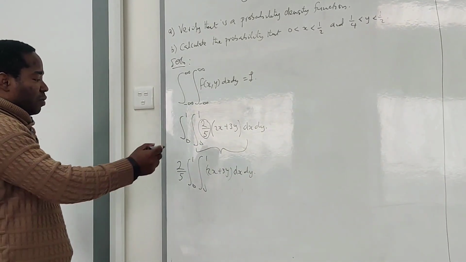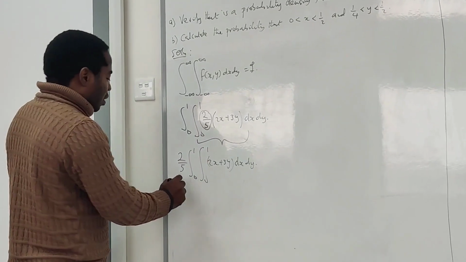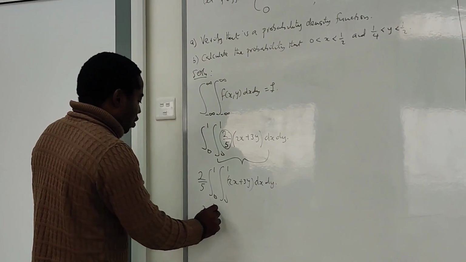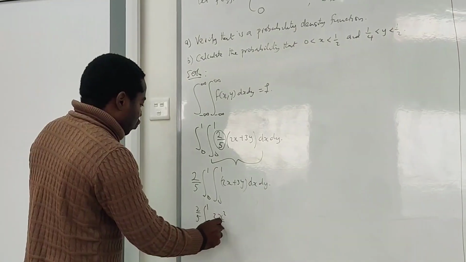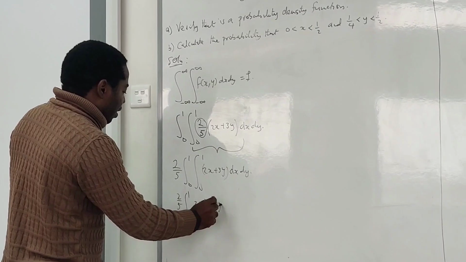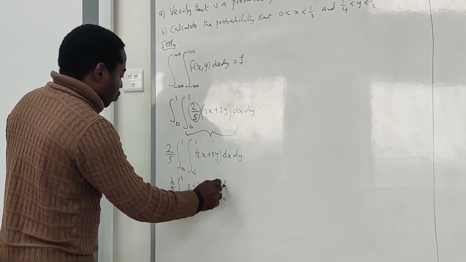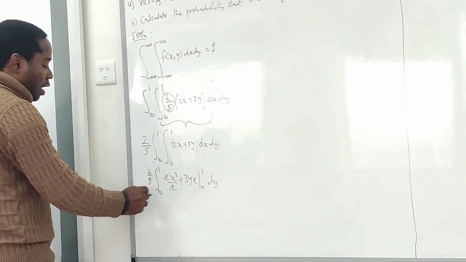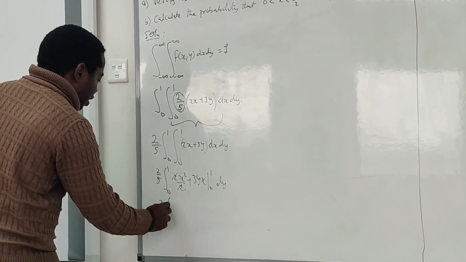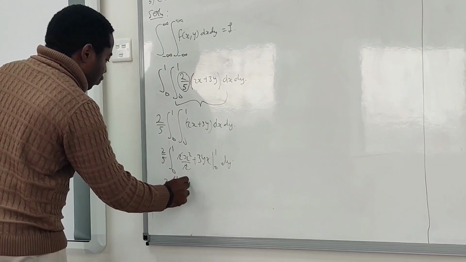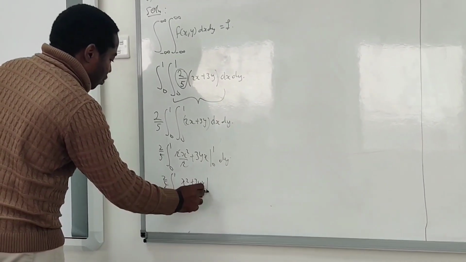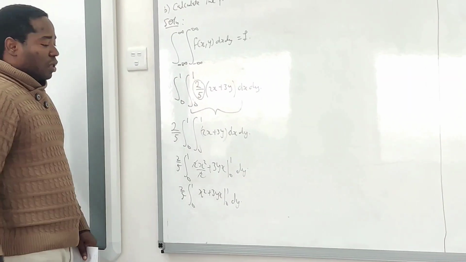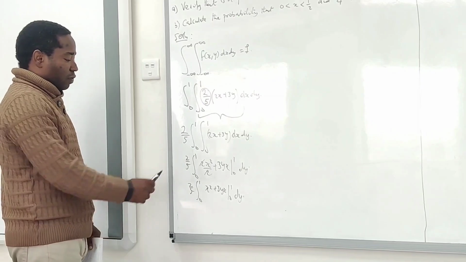Now, integrating with respect to x, we are going to have 2 over 5 into the integral from 0 to 1 of 2x squared over 2 plus 3yx, from 0 to 1, dy. You will agree with me that 2 cancels 2 and we are left with 2 over 5 integral from 0 to 1 of x squared plus 3yx from 0 to 1 dy. So we can substitute the limits of integration into the function.